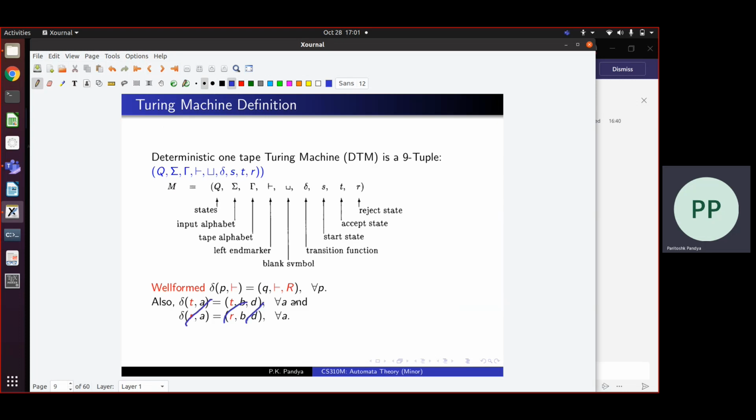Forget this, this we will not have. We will have, from any state P, if the cell is reading the left-hand marker, then you must move to the right. That is, you cannot move off to the left side of the left-hand marker because there is no cell there.